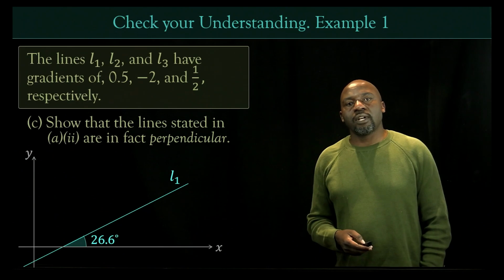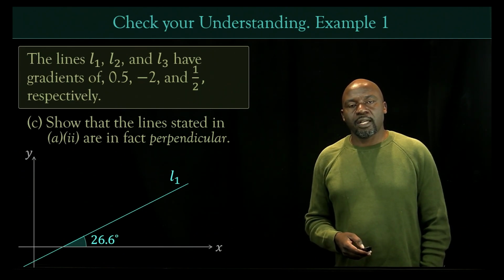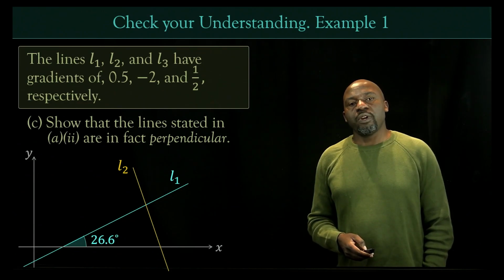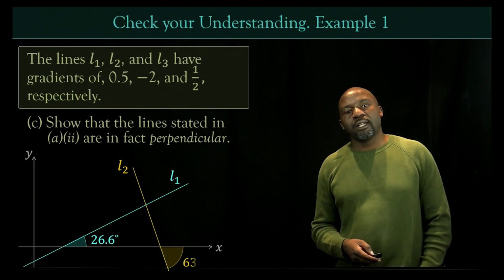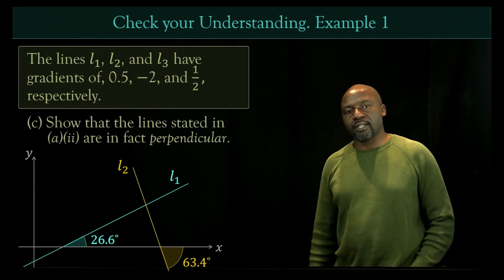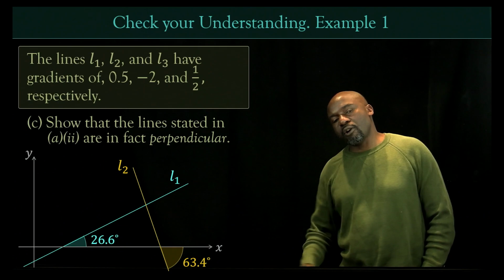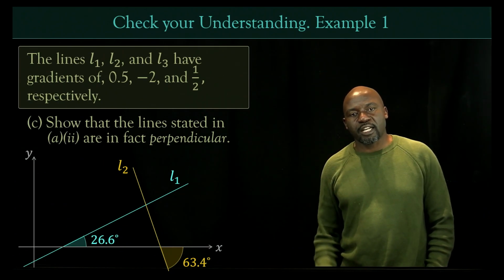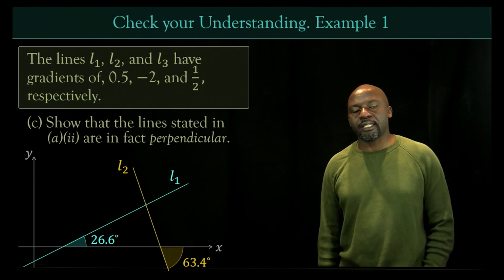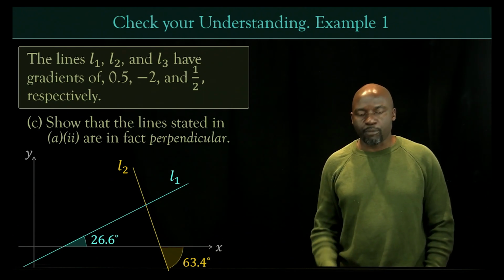Now we draw line 2, and line 2 is that. We found that it forms an angle of 63.4. The size of that angle is 63.4, but it is below the positive x-axis. That's why the answer was negative 63.4, but the actual size is just positive 63.4.